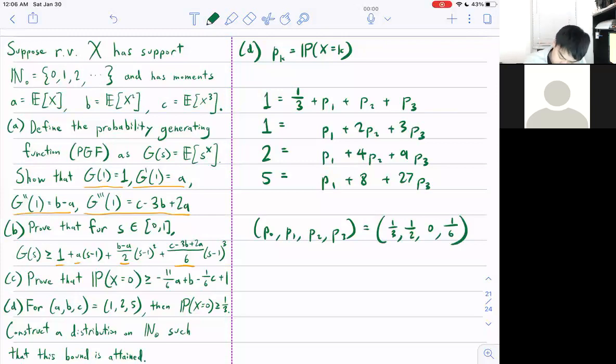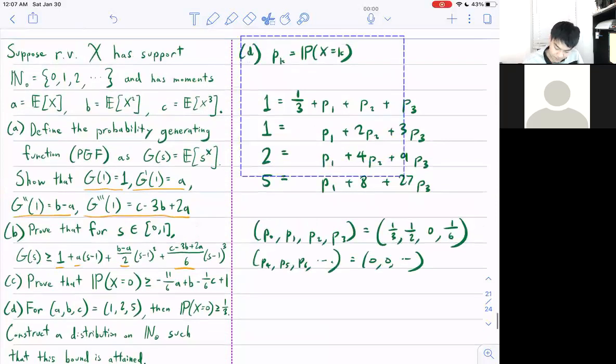And then the rest of the p's, P of 4, P of 5, P of 6, and so on, can just equal the 0 vector, right? So that's our distribution in the end. So it actually turns out that you only need 3 values to be non-zero: 0, 1, and 3. So it turns out P of 2 also equals 0. So that's the solution to this problem.